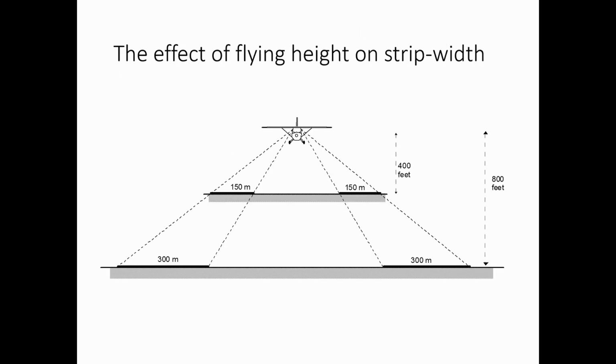Now, obviously, the higher you go, the bigger your strip width. So in this instance, we're looking at the initial one of 400 feet at 150 meters each side. You double that to 800 feet, and you have 300 meters. So the higher you fly, the bigger your strip width, and consequently, the higher your sample size.